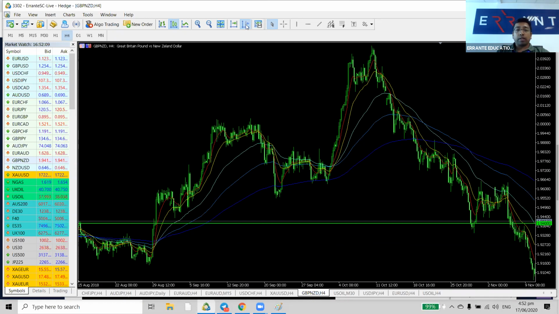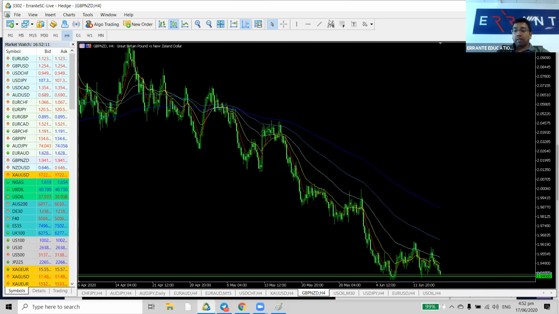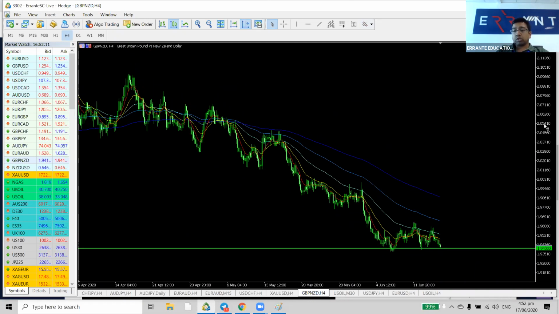So there you go, guys. You've got GBPNZD at the moment. Yes, it's on the downside, but even on the 4-hour chart, it's got all these smooth indicators. Basically, these exponential moving averages are pointing downwards, flowing like a river, really smooth.